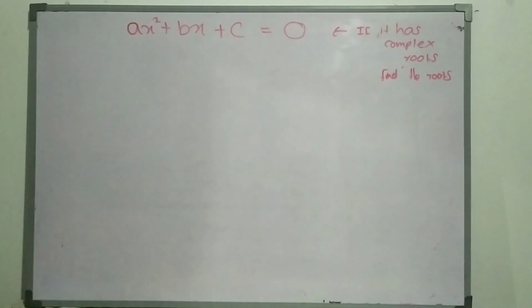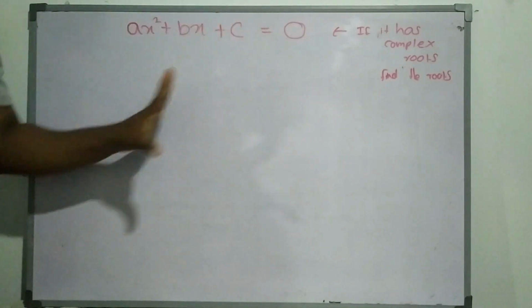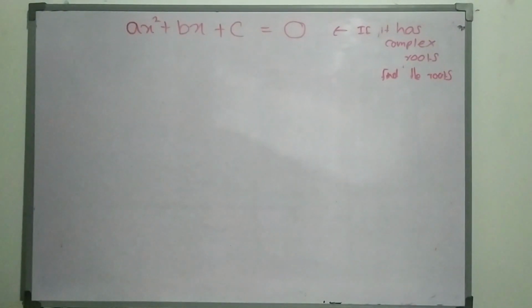Okay, so this is the theorem from the previous one. What is this? This is the standard quadratic equation. If it has complex roots, find the roots.